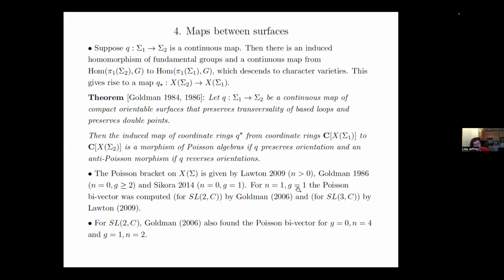And in the case of a torus with one boundary component, the Poisson bivector was computed for SL2C by Goldman and for SL3C by Sean Lawton. In the case of SL2C, Goldman also found the Poisson bivector for the four-holed sphere and the two-holed torus.